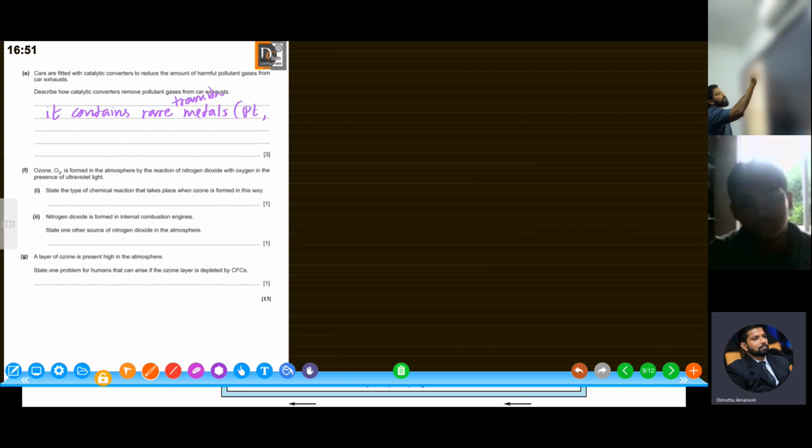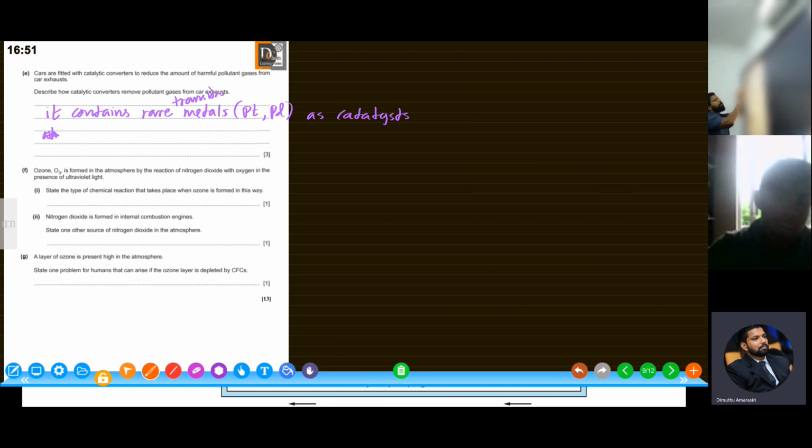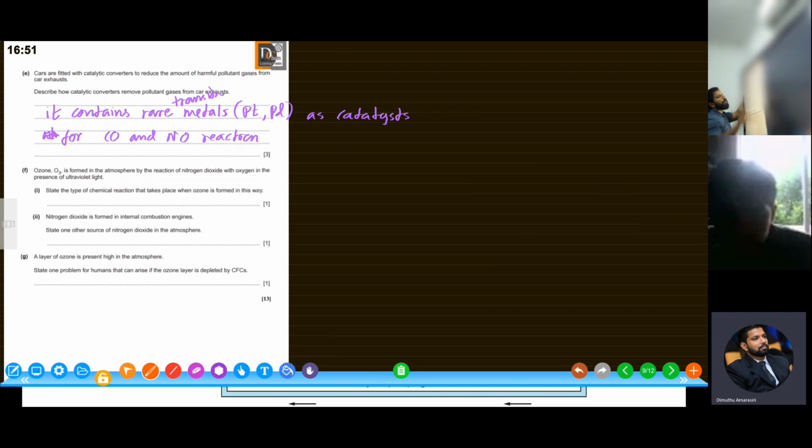Such as platinum, palladium, right? As catalysts. Catalysts for the carbon monoxide and nitrogen monoxide reaction, producing carbon dioxide and nitrogen, which are less harmful.